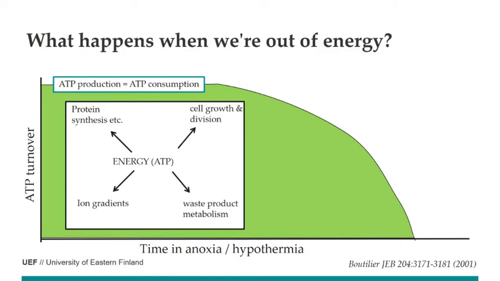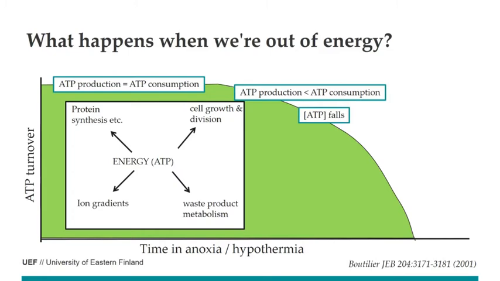And then we also have the phosphate store, from where we can put phosphate to ADP to produce ATP. But sooner or later, these mechanisms are not enough to keep the ATP production. So then the ATP production is lower than the ATP consumption, and then the ATP concentration will fall.